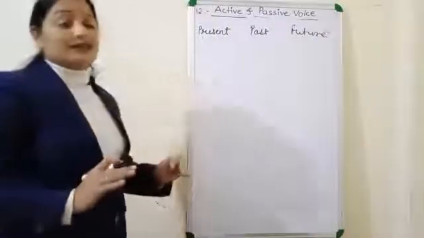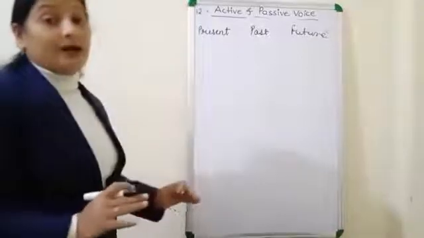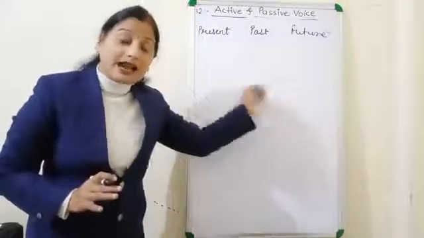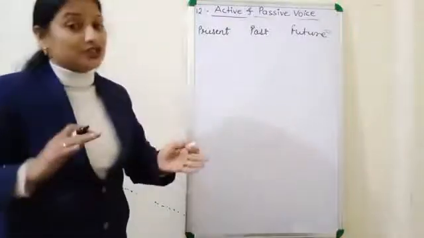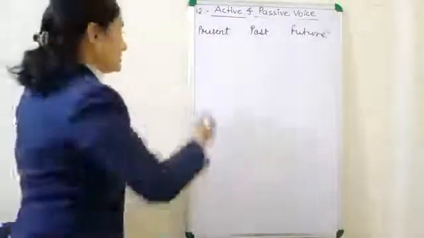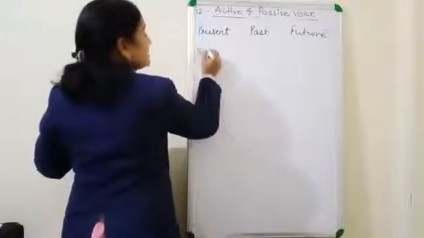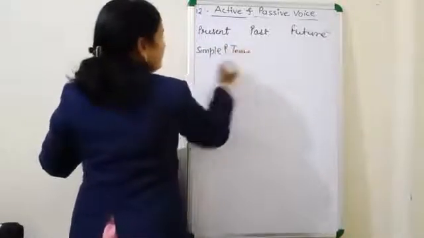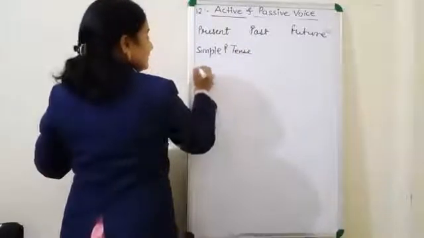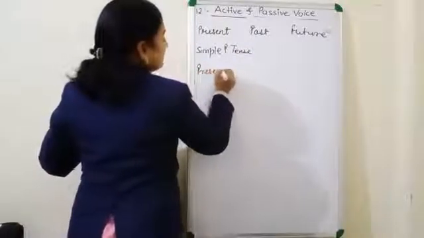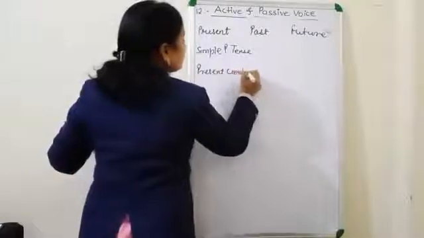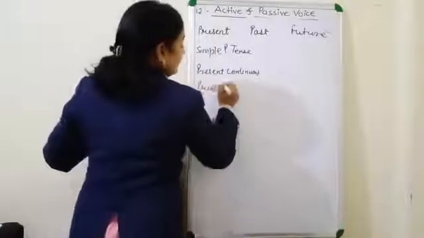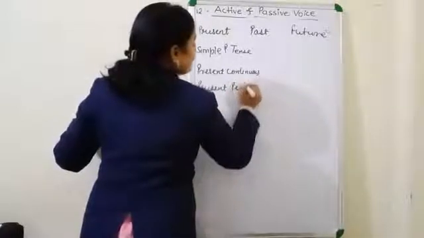But we know that we have read about 4 different types of tenses in all these categories. Out of that, only 3 can be changed into the passive voice. For example, we can change simple present tense, present continuous and present perfect.